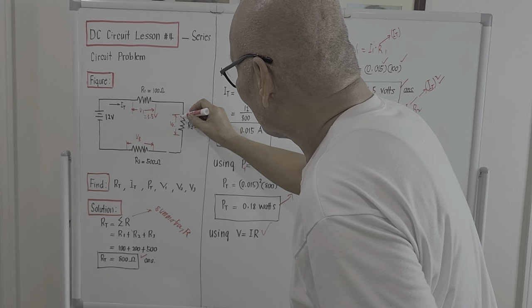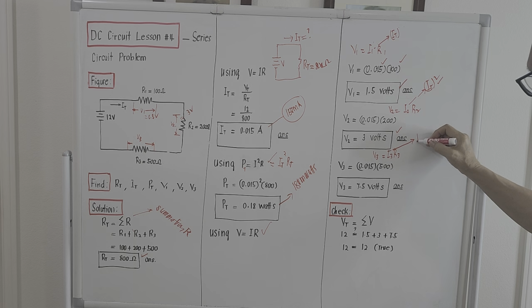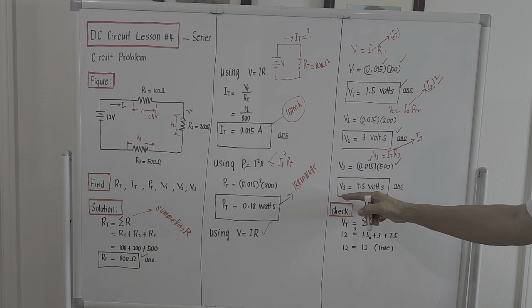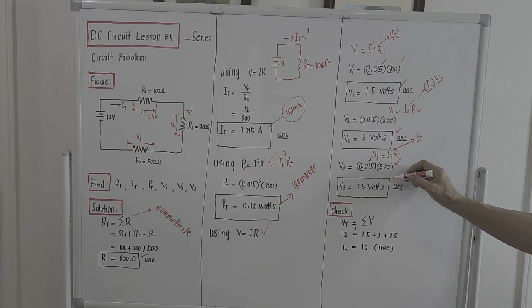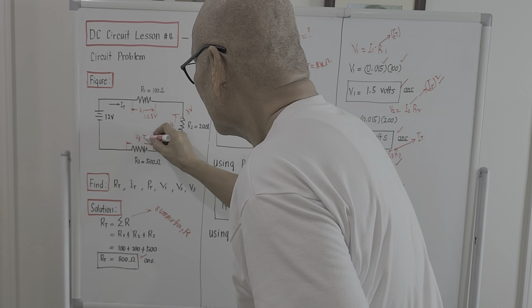And again, for V sub 3, this should be equal to I sub 3 times R sub 3. But this I sub 3 here is actually same as I total. So the current will still be 0.015, the current is common, times 500. The resulting voltage V sub 3 will be 7.5 volts.